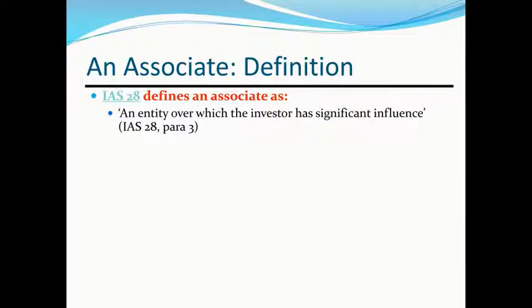Control is when an investor controls an investee when the investor is exposed, or has the right, to variable returns from its involvement with the investee and has the ability to affect those returns through its power over the investee. So the control concept mainly gives the right and obligation to direct the policy of the subsidiary.